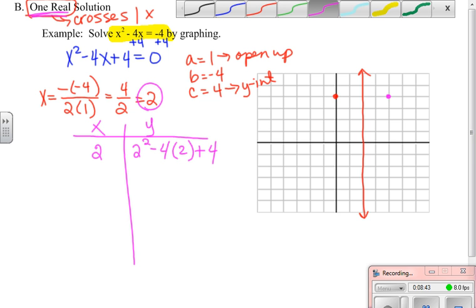So 4 minus 8 is minus 4 plus 4 equals 0. So at 2, 0, the thing opens up. And so this is my one solution, and it is at 2, 0.